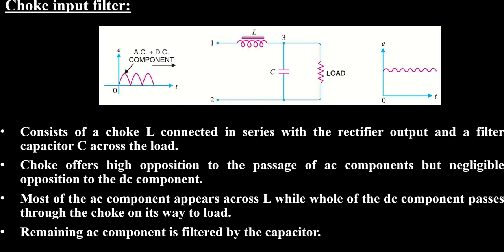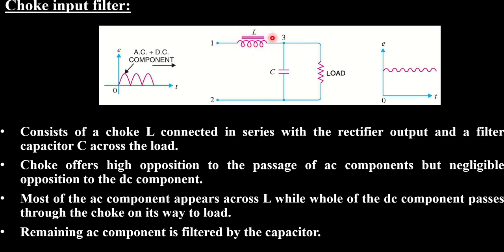Now the action of this one is that the rectifier output has to flow through the inductor first, and we know that the inductor actually blocks the AC signal, and it allows only DC to pass through it.